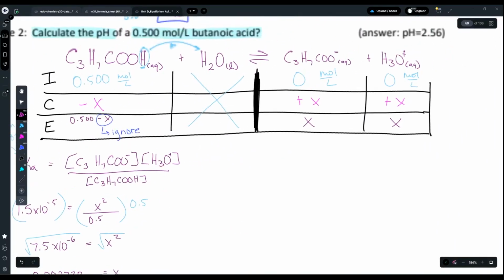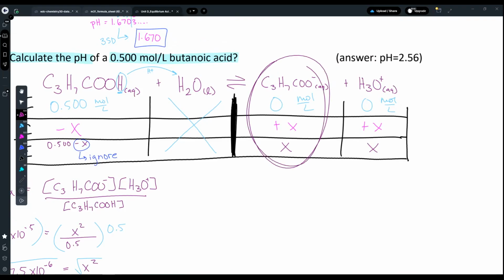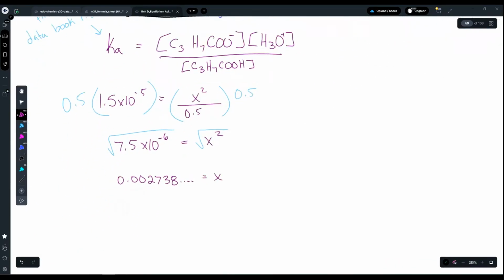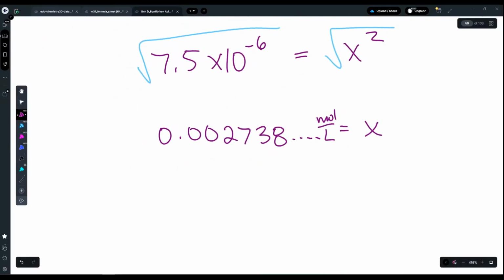So remember that x represents the concentration of this as well as the hydronium ion. And we care the most about the hydronium ion. So this is moles per liter.